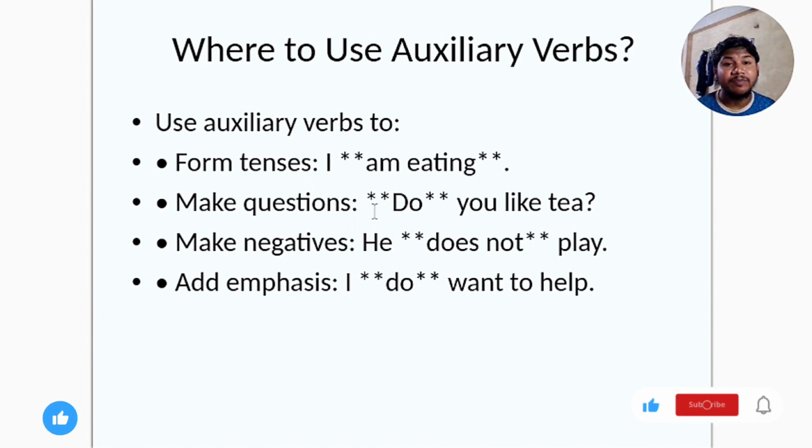To make a question, we can use the auxiliary verb do. So, do you like tea? Make negatives: it doesn't pay. And emphasize: I do want to help. So these are the places where we use auxiliary verbs while speaking English.